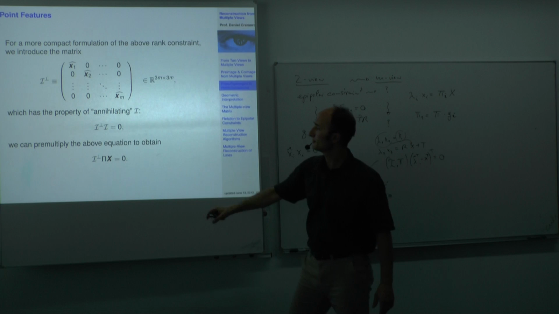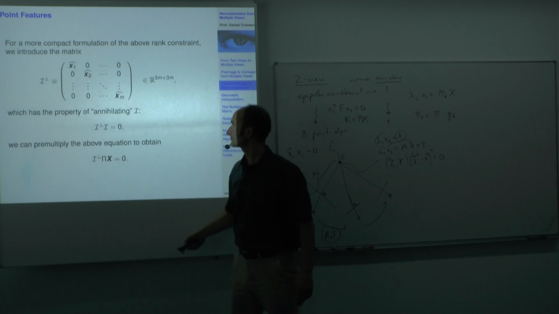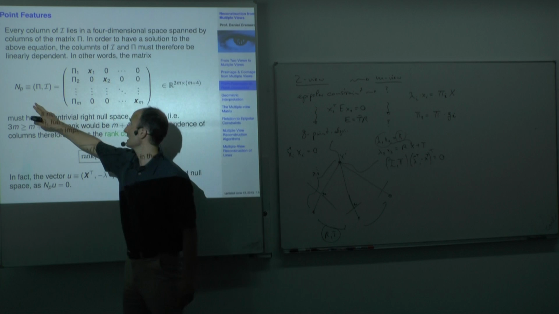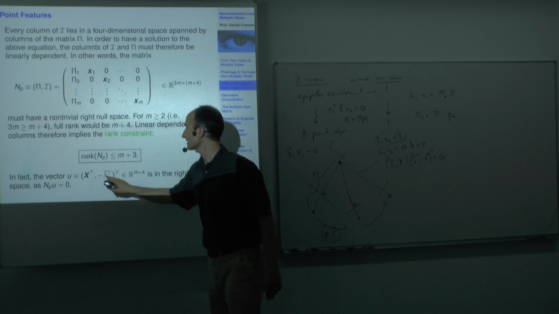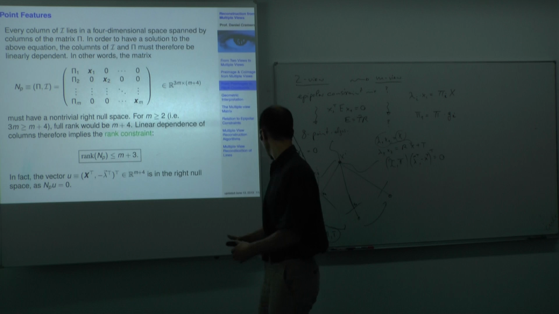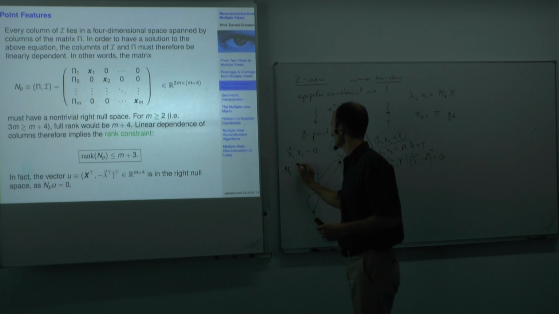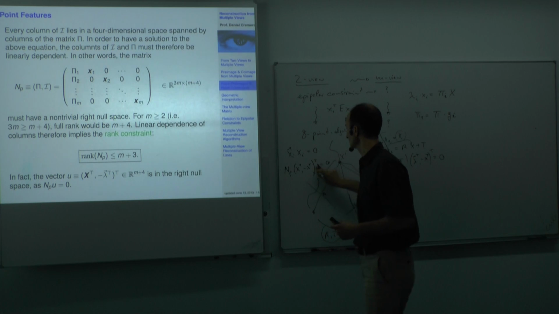Which means if we multiply this to this matrix, so we had Np times x minus lambda equals 0. Let me write that down. Np times x transpose minus lambda transpose equals 0.